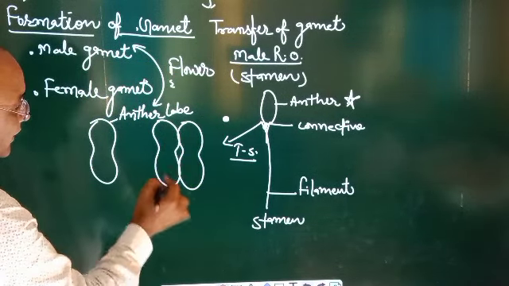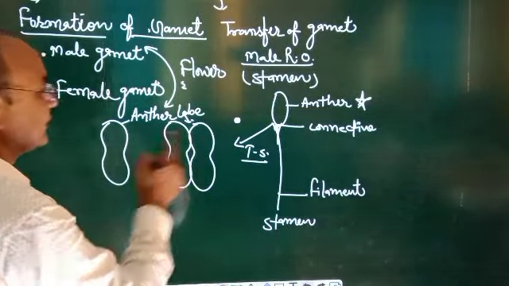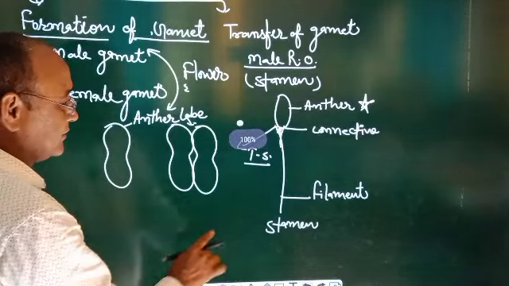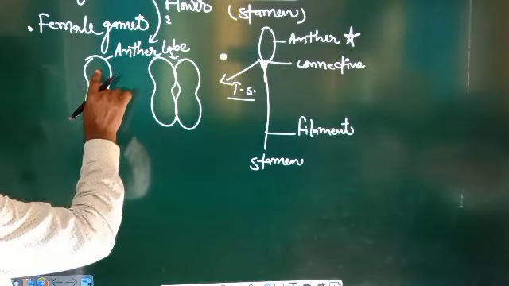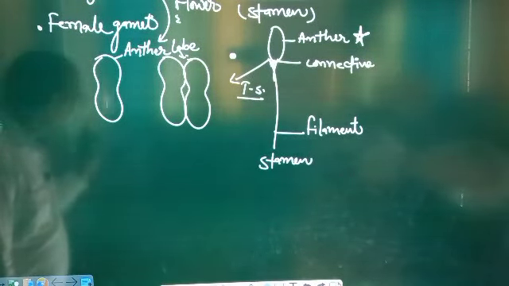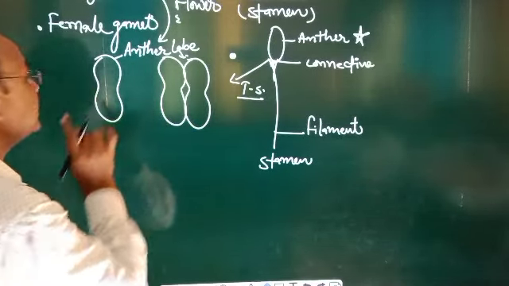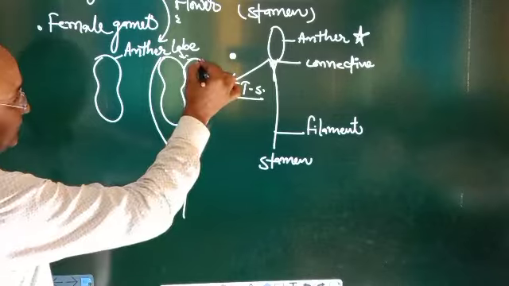If anther has two anther lobes, this type of stamen is known as dithecous, and if a stamen has a single anther lobe, it is called monothecous. So it is dithecous and it is monothecous stamen.